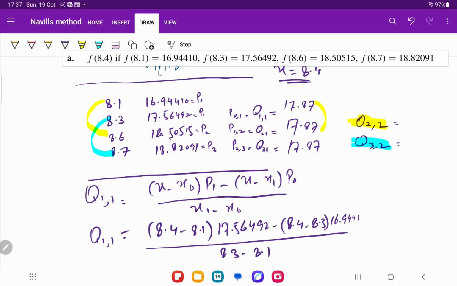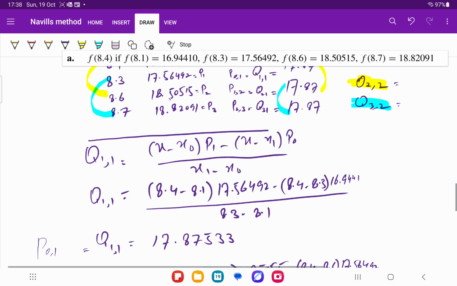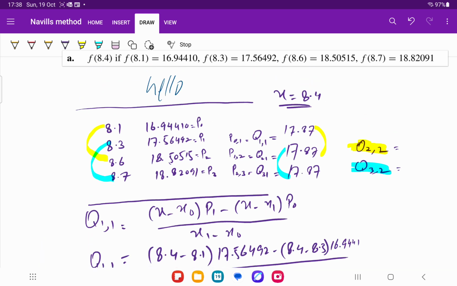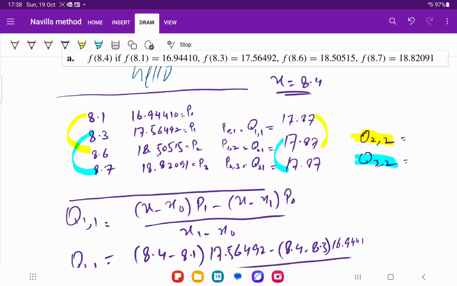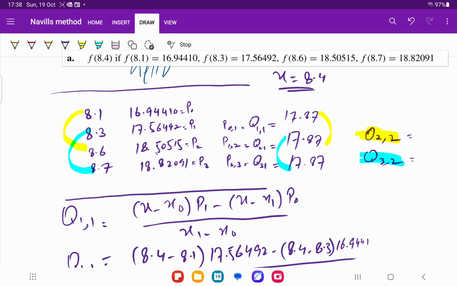So these 2 points will be used for q22 and these 2 points will be used for q32. Got it? Yeah. So you could take a picture of this table so that it will be used in the next iteration.